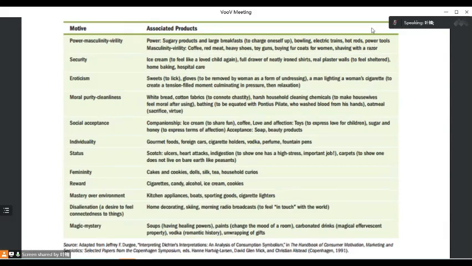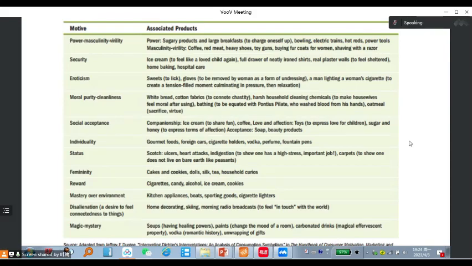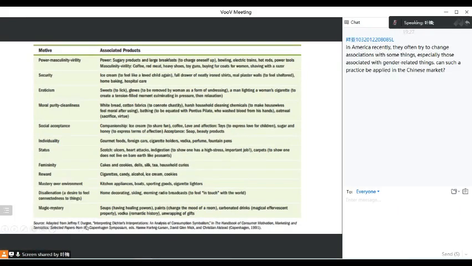Okay, 5 minutes to read this information here and understand the relationship between the motives and the products. This is adapted from Interpreting Consumption Symbolism.